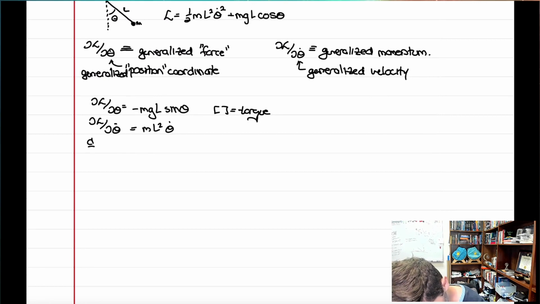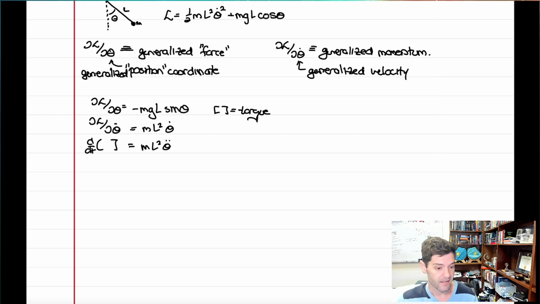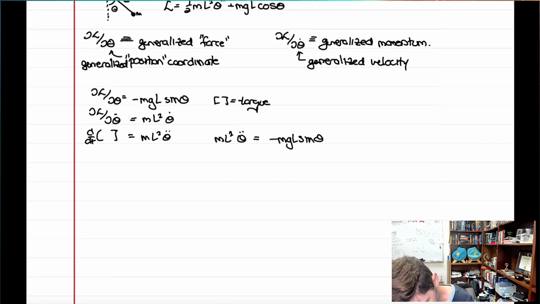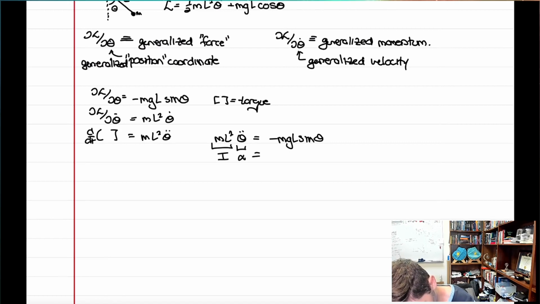And then when I take the time derivative of that, I get ml squared theta double dot, which looks a lot like a rotational inertia, mr squared, or in this case ml squared times alpha, such that ml squared theta double dot equals negative mgl sine theta, which is indeed what we would have written down if we did I alpha equals torque.